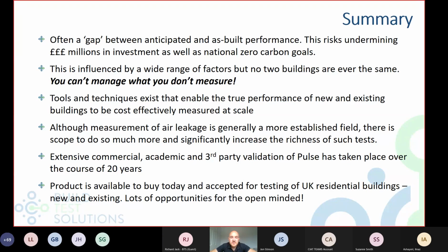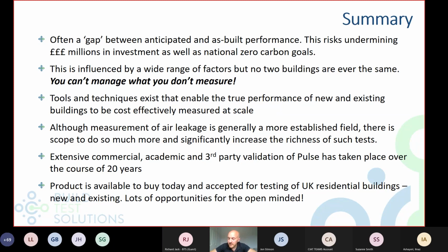Despite air leakage measurement generally being a more established field, it's been in the regs since 2007, there is so much scope to do so much more, and just overall increase the richness of the tests and the arising data. I think we do currently simply view it as a compliance checkbox, pass fail: are you under 5, are you getting the right number to plug into SAP?